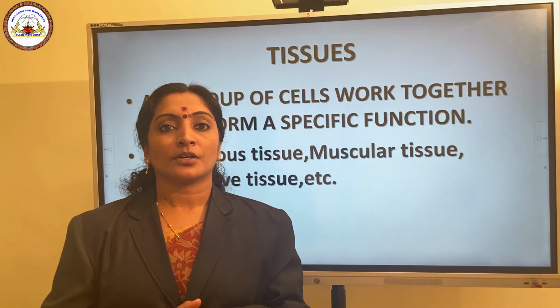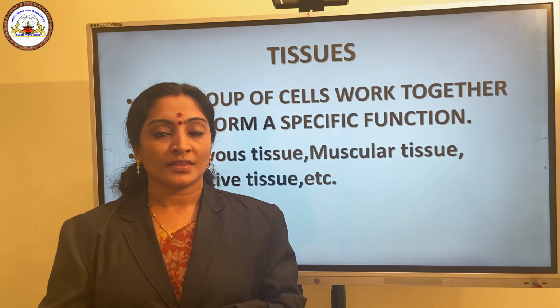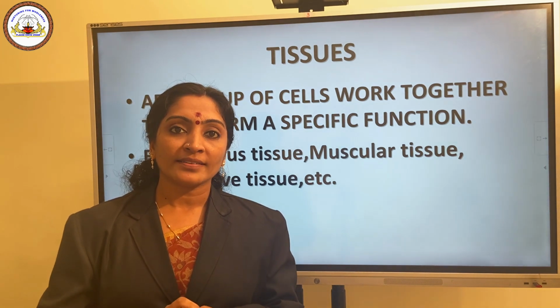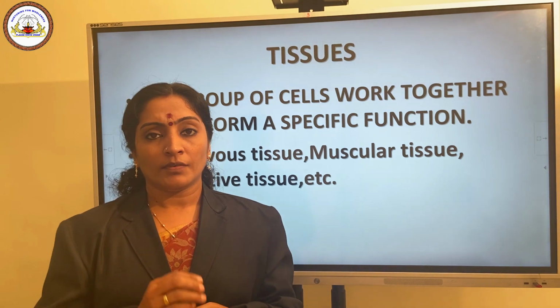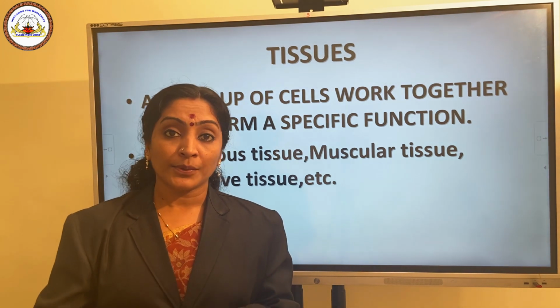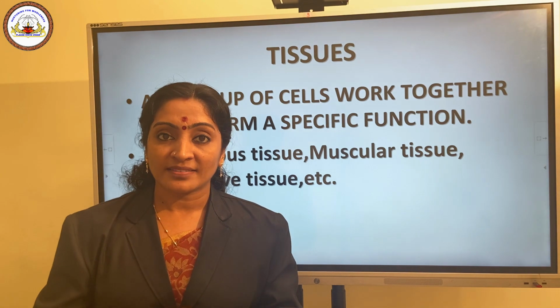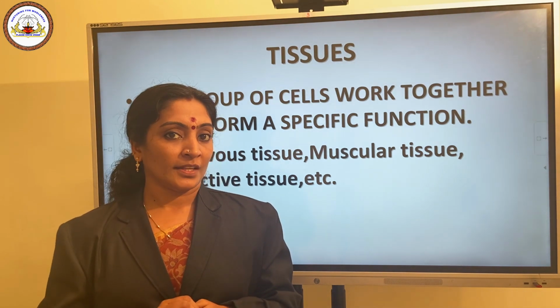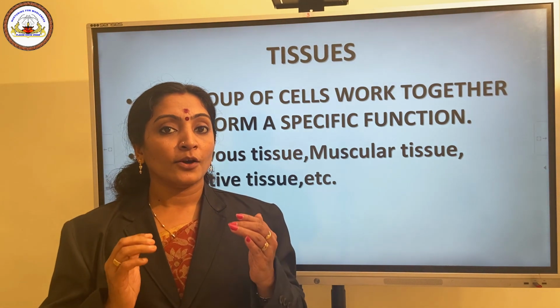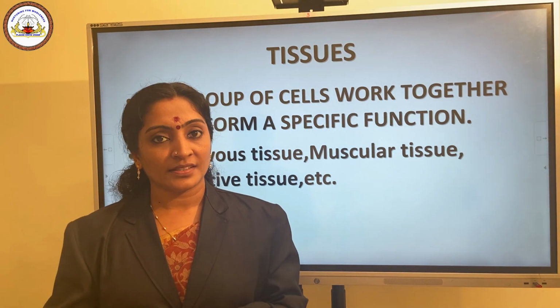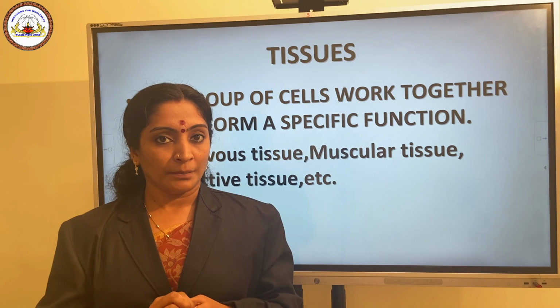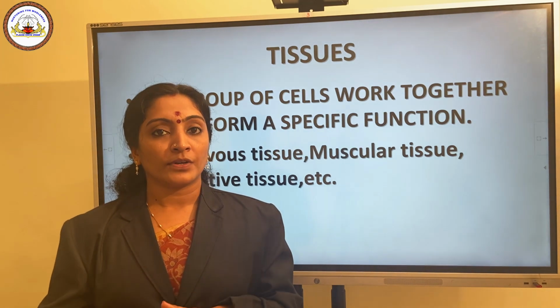In your textbook, one side heading is there, that is, are both plants and animals made of the same type of tissues? What is the answer to that question? We know that both plants and animals are living organisms, but there are a lot of differences. Almost all the life processes are present in both plants and animals, but there are a lot of differences.